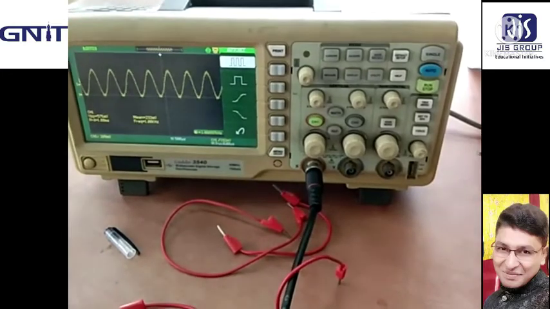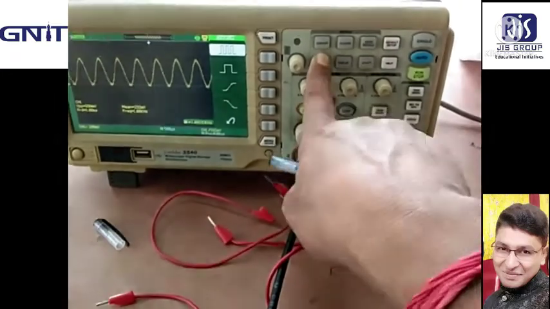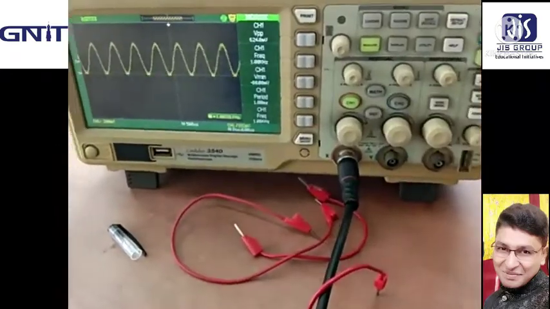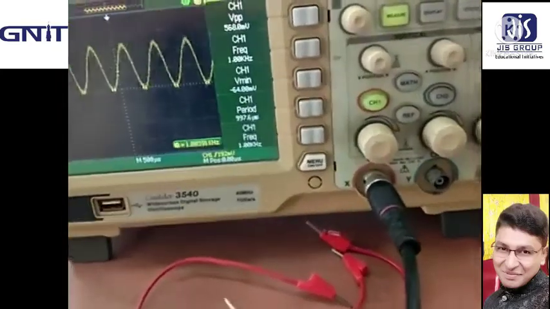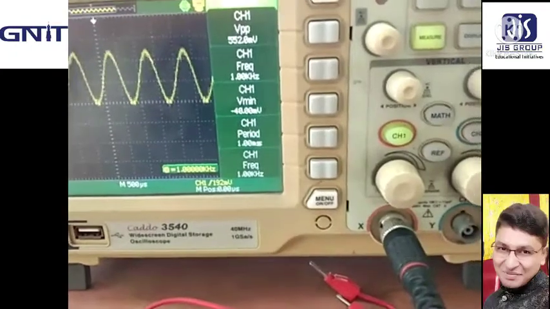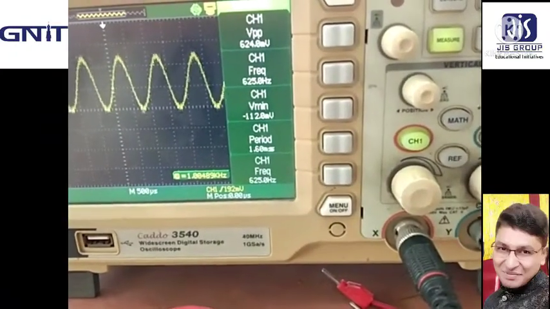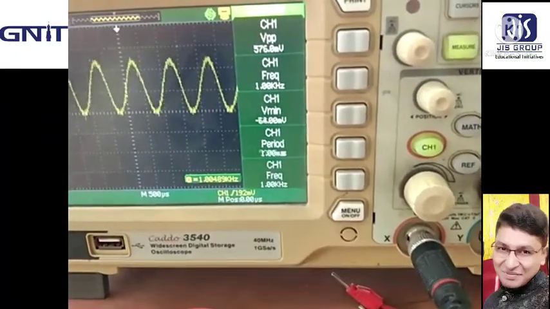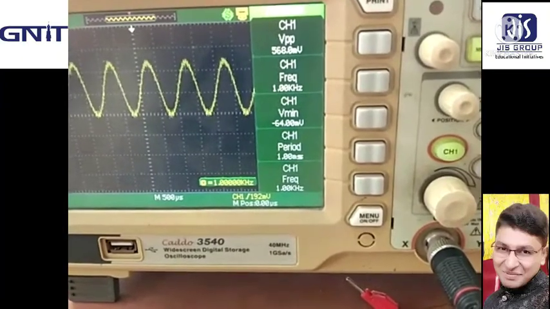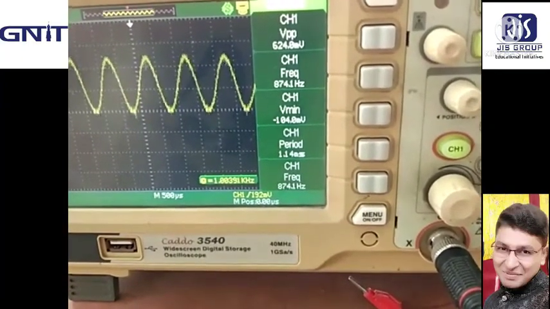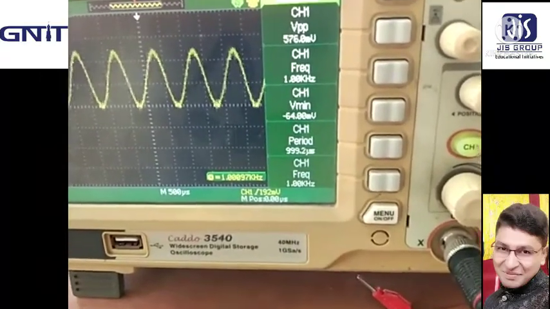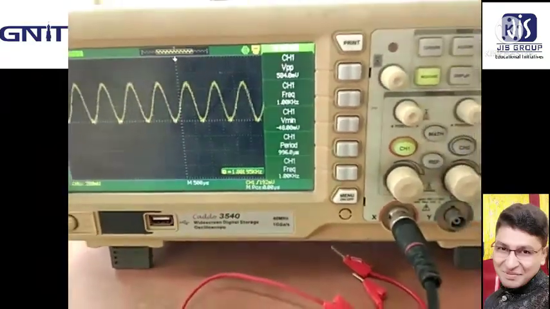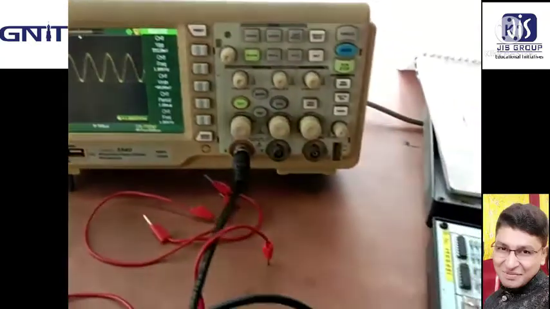This is our input signal. Measure this signal. This is our input signal voltage amplitude, peak to peak 560 or 600 millivolt, and the frequency is 1 kHz.